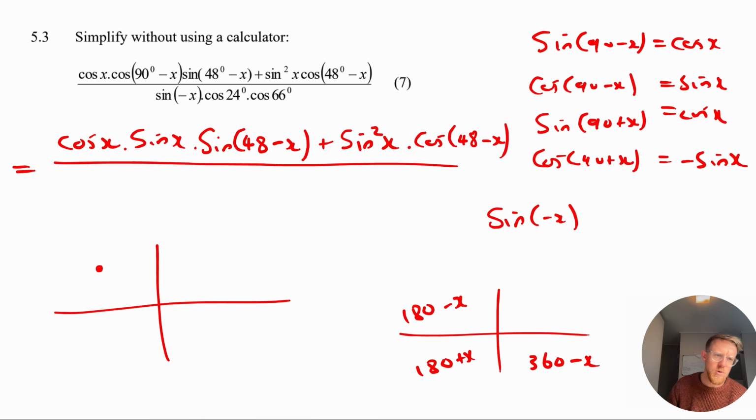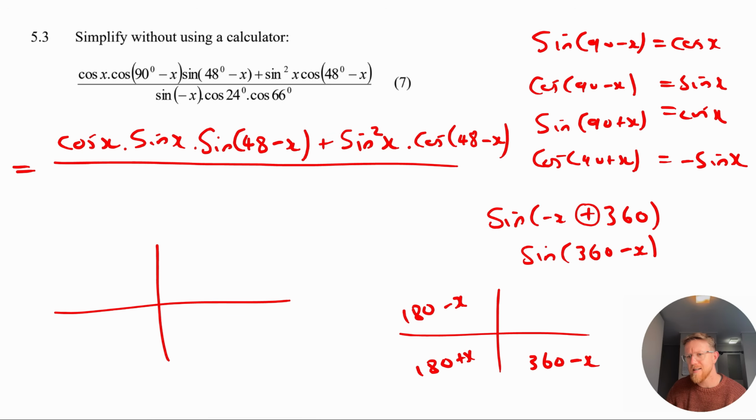Well, let's say you were randomly over here and then you added 360. You would be back at the exact same place. And if you subtracted 360, same thing. So take this minus x, add 360 to it, and because you're plussing here, the order doesn't matter. So you can rewrite this as 360 minus x, and that's there. And we know that sin is negative in that quadrant, so it just becomes negative sin x.